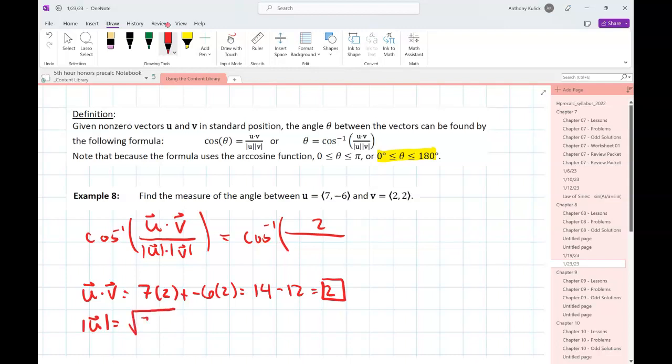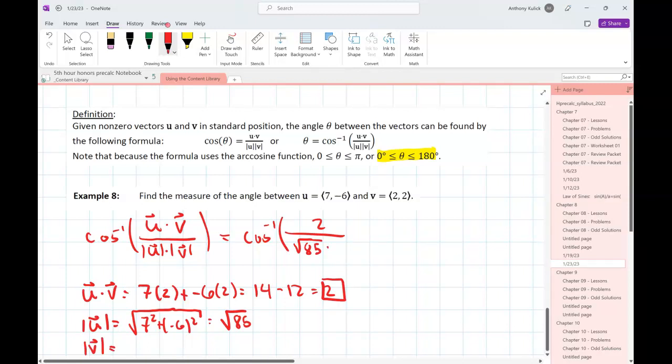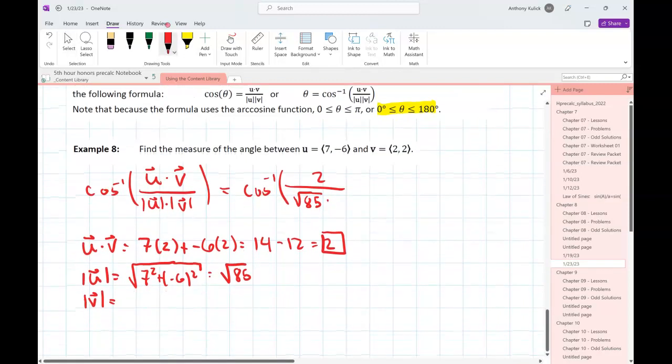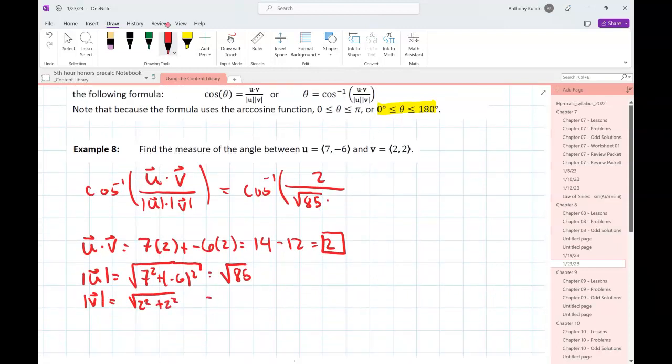Square root of x squared plus y squared. 49 plus 36 is 85, I think. And then the magnitude of v, square root of 2 squared plus 2 squared is equal to square root of 8.